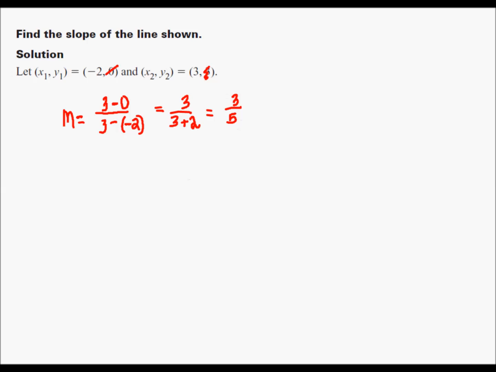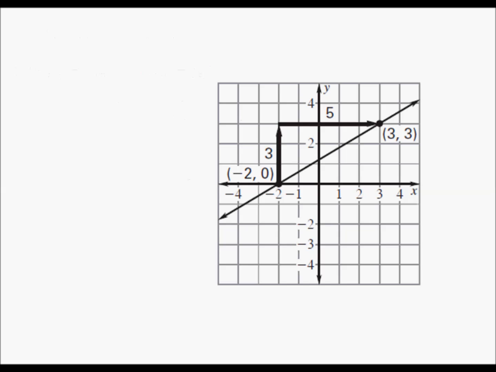If I were to graph these points, that means the slope would be 3/5. Let's see if that's true. If I'm going from the point (-2, 0) to the point (3, 3), I am rising 3 units and then running 5 units.